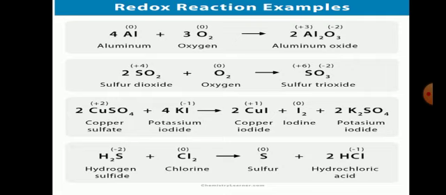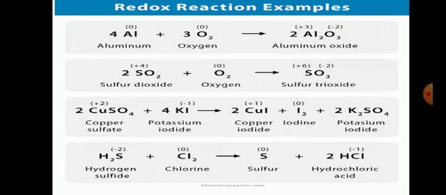So here oxygen and aluminium contain 0 charge. Above the aluminium you can see there is 0, and above the oxygen also there is 0. It means that it contains 0 charge, so it is a neutral element. The elemental state is 0 here.